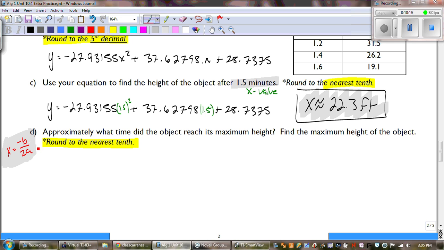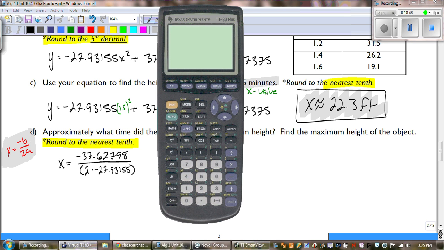Opposite of B over 2 times A. So x equals the opposite of B, so negative 37.62798, all divided by, in parentheses, 2 times negative 27.93155. You have to be very careful when you're plugging that into your calculator.